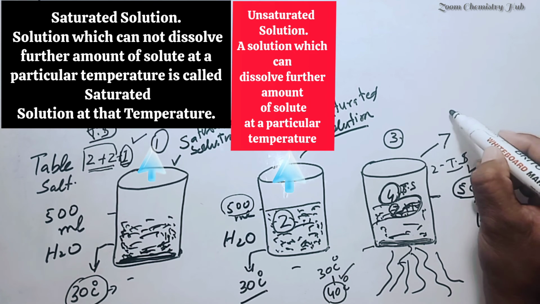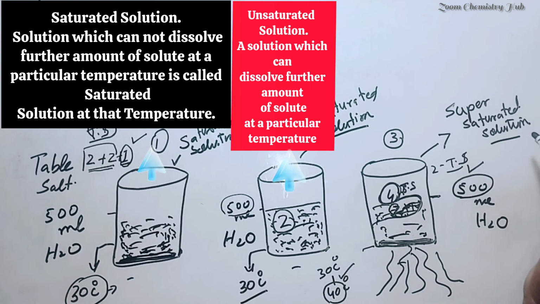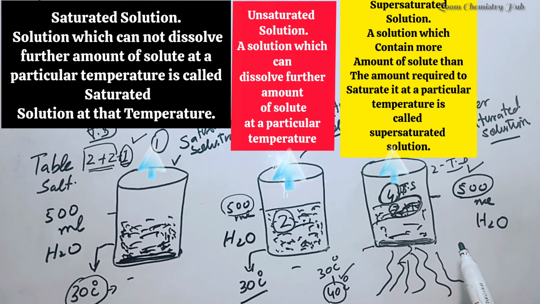So it is called super, and we can define it as a supersaturated solution is a solution which contains more amount of solute than the amount required to saturate it at a particular temperature is called supersaturated solution.